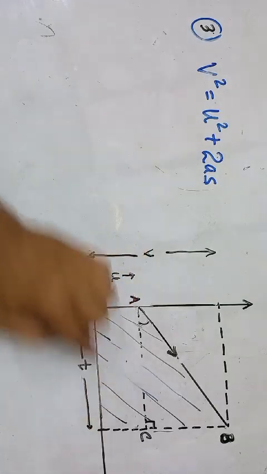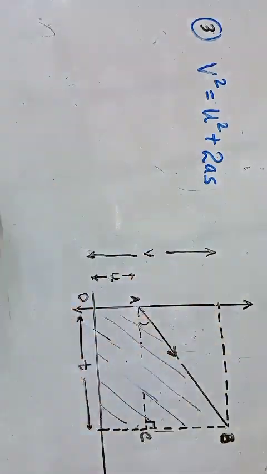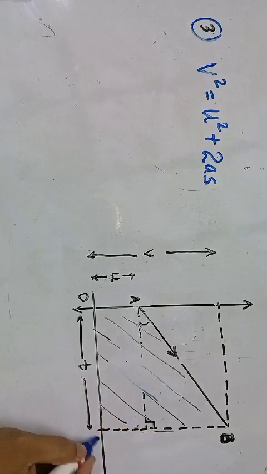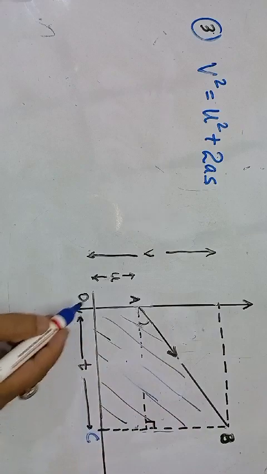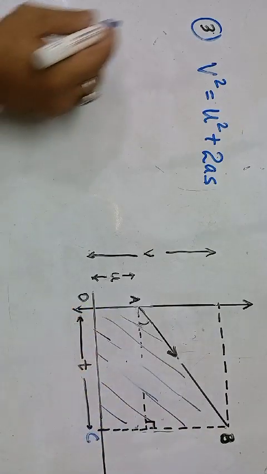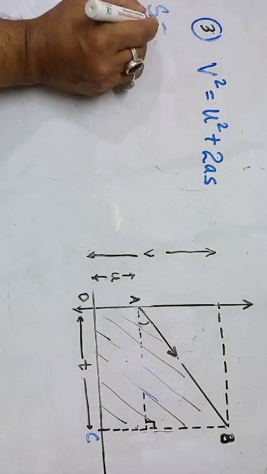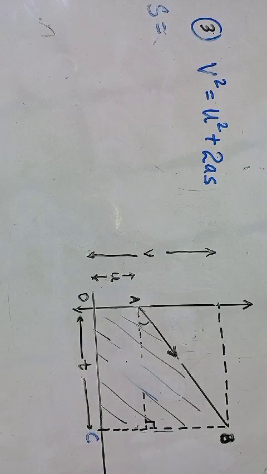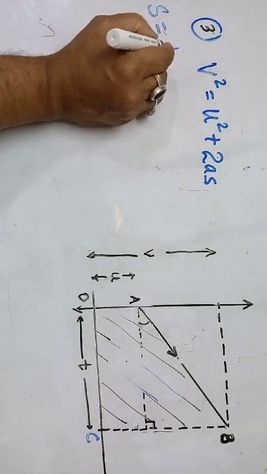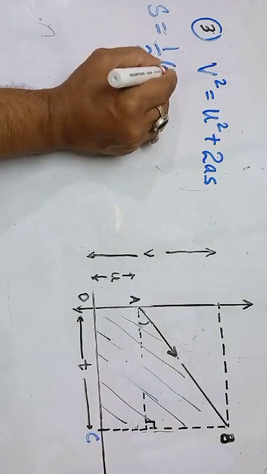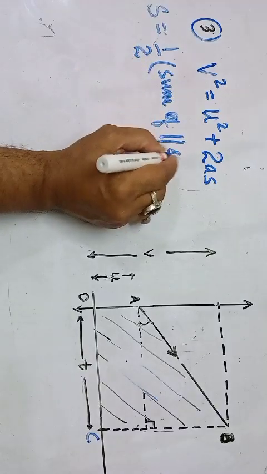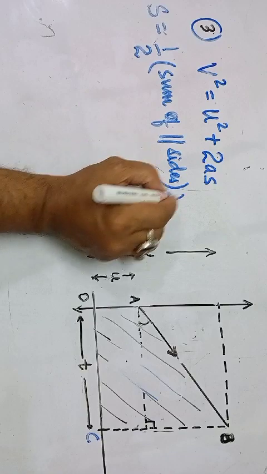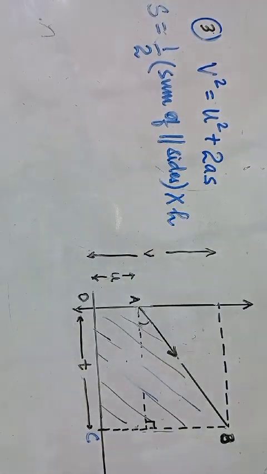So if you look at this a, b, and let me call this c now, a, b, c, o, this whole figure is a trapezium, and you already know that the area of a trapezium is half the sum of parallel sides multiplied by the height between them.